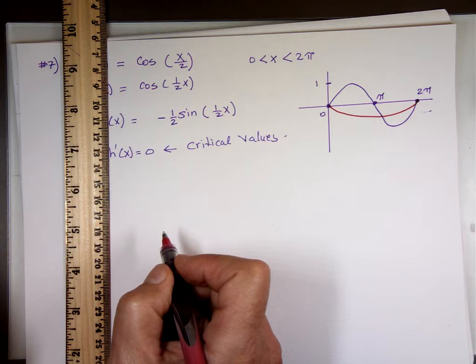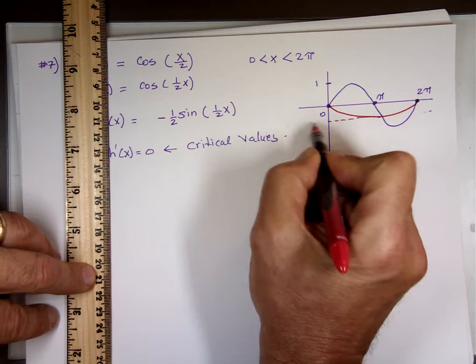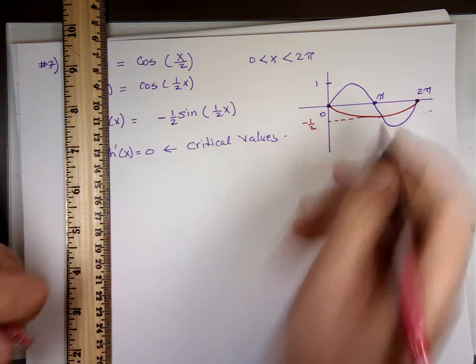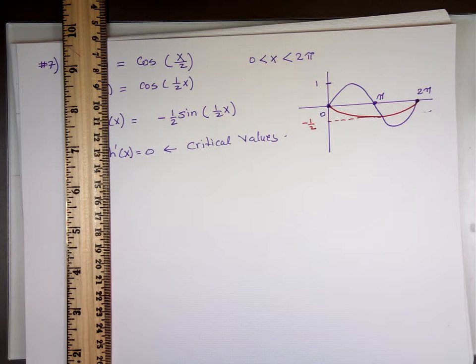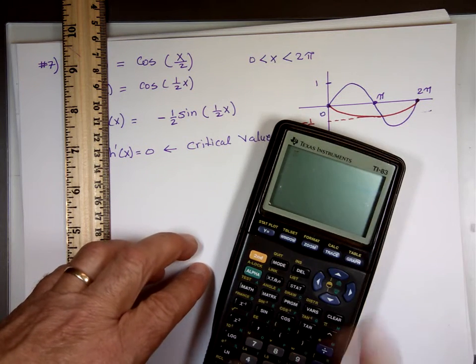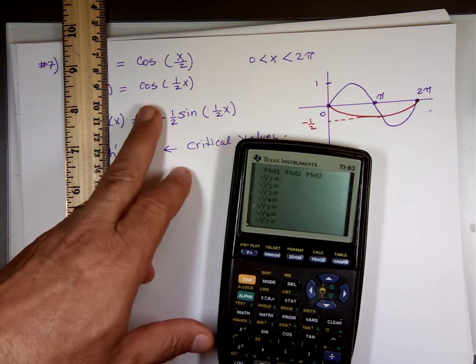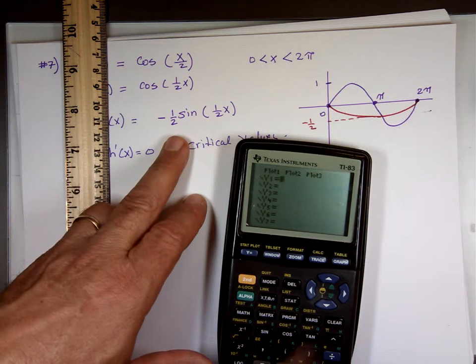That's all you see. The height here is negative 1/2. If I can graph that on my calculator just to show you the two of them, let me see if I can do that. Clear. The first one, I want to graph sine of x.